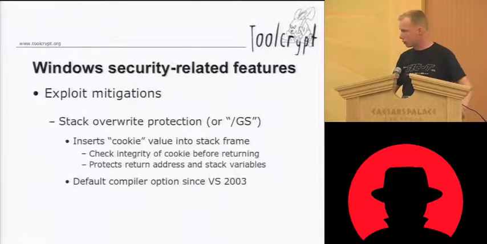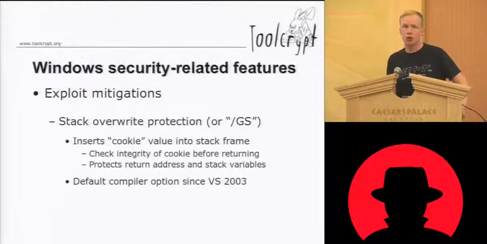And it basically works by pushing in a cookie value in each stack frame and making sure that when you return from a function, that this cookie value is intact, that it hasn't been overwritten by, for example, a stack buffer overflow.